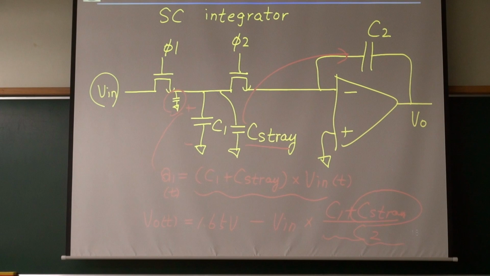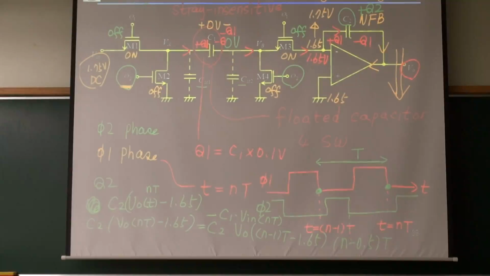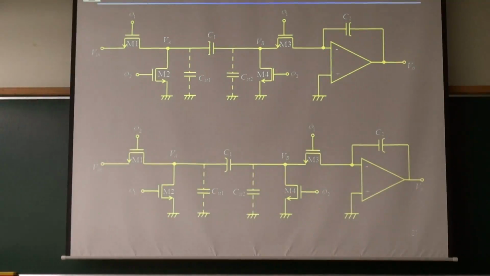Okay. So here, stray insensitive circuit. Why does this become stray insensitive? Okay, let's look at this. Because, see, during by two phase, all those three capacitors are completely discharged. Okay, so during by one phase, see this is Vin.